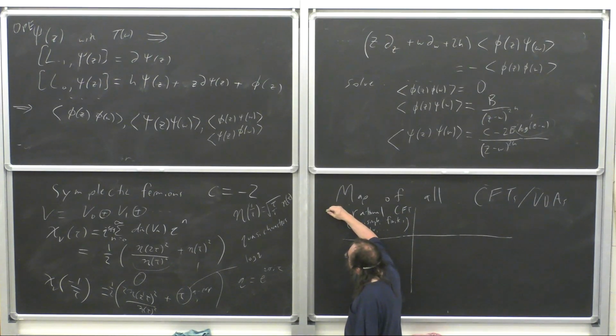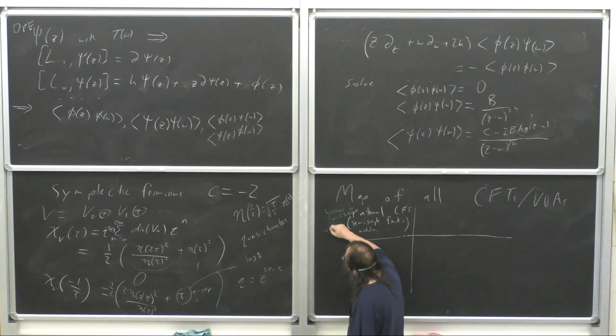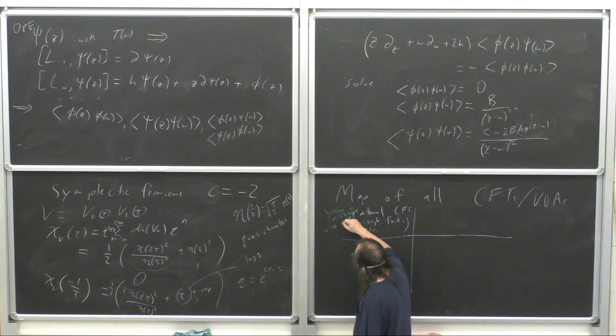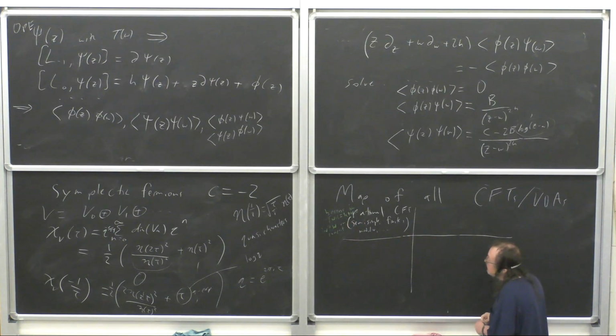One are the bosons compactified on a torus, or what I would call the lattice theories, because that's what you use to compactify your R^n with. You have the Wess-Zumino-Witten models on compact Lie group manifolds.